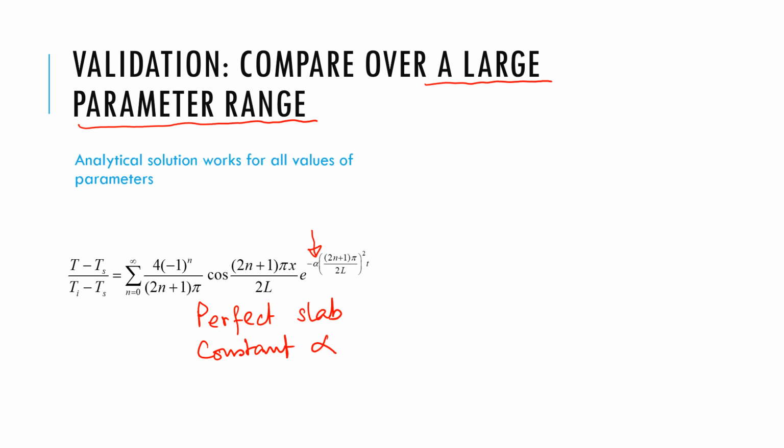We don't have to worry about small alpha or large alpha. But that is not the case for a numerical solution that is almost always used in modeling of complex processes.